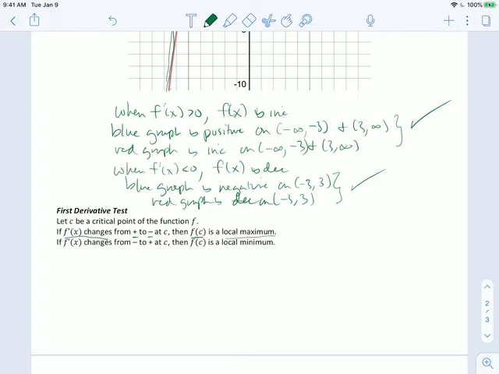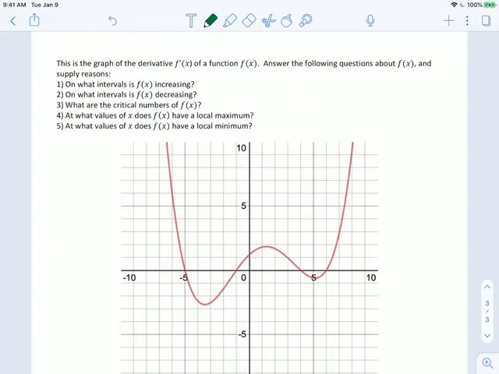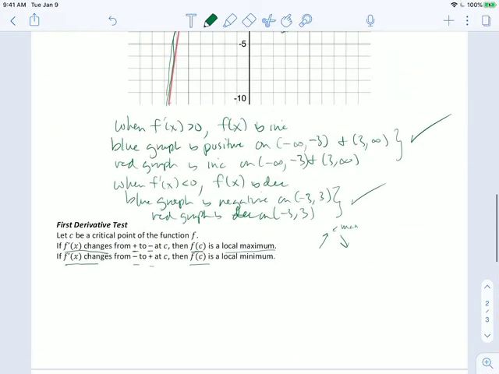So if I'm going from a positive derivative to a negative derivative, I must have hit a max. And likewise, if the derivative is changing from negative to positive at c, then I've got a local minimum. So if I'm going from decreasing and then increasing, I've hit a minimum.